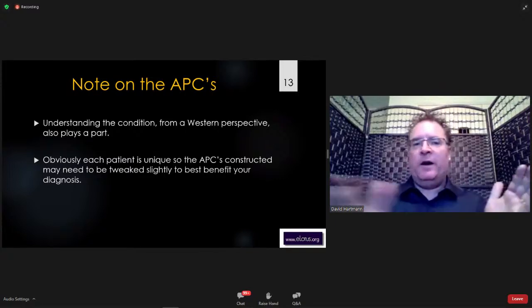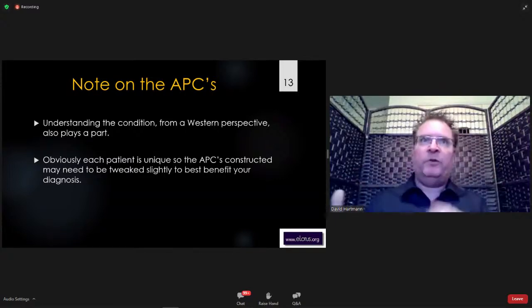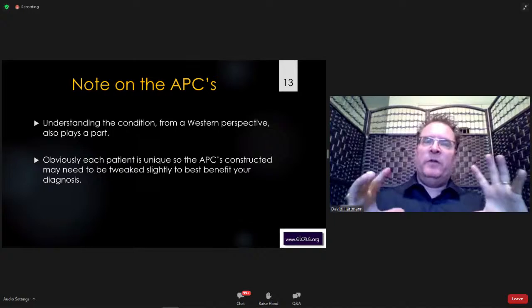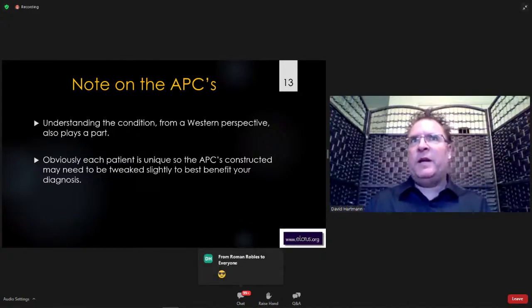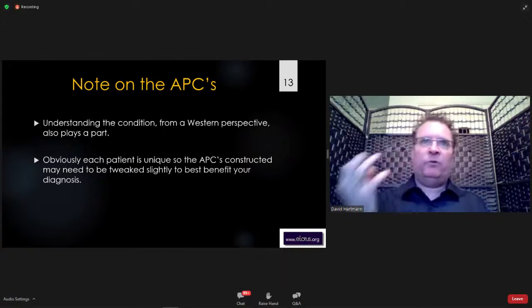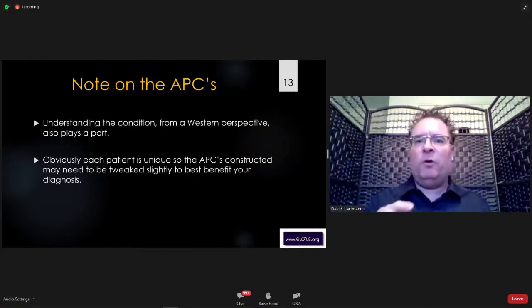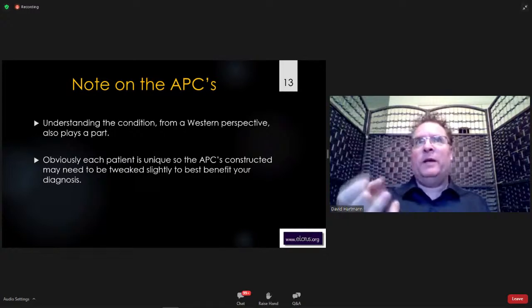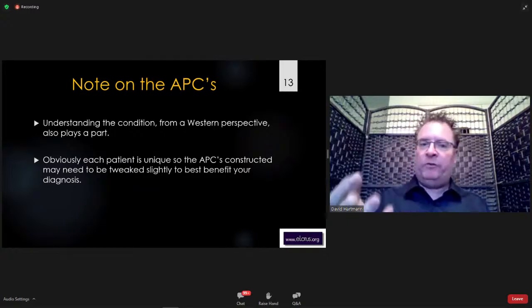And throughout the 3.5 years of my full-time study, I processed that statement and I came to the conclusion that I didn't agree. And that I think that you need to understand these different types of medicines. We live in a Western society, most of us, and so to take our medicine and get a better sense of it through Western terminology, we're not making Chinese medicine or our studies Western.